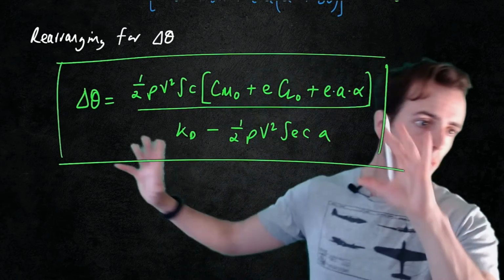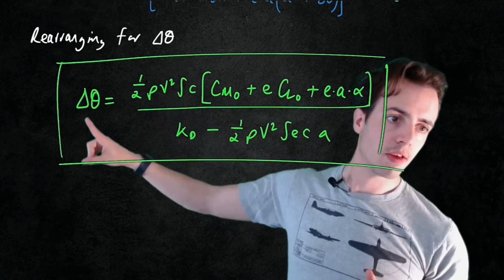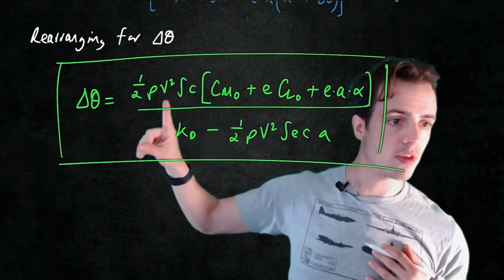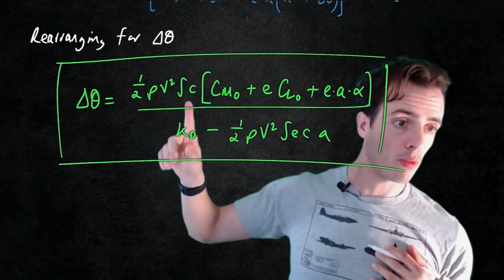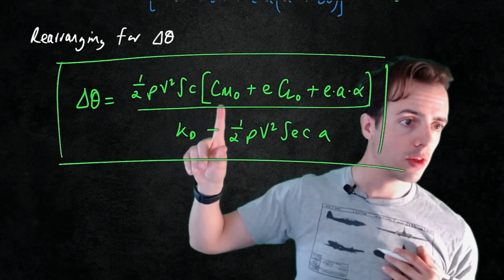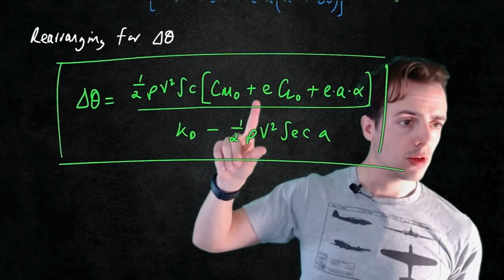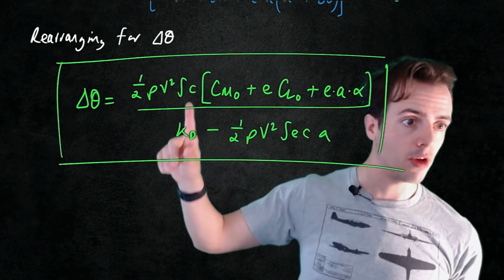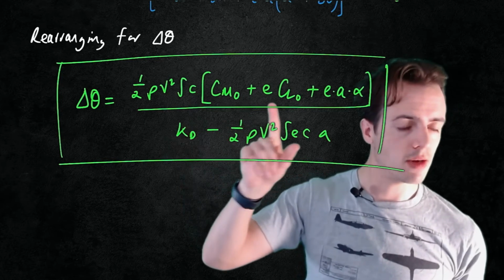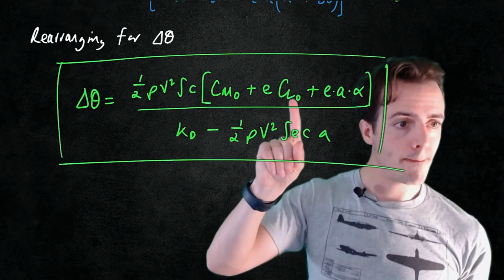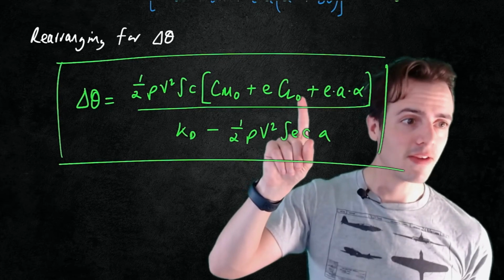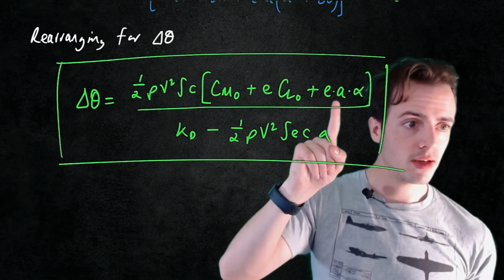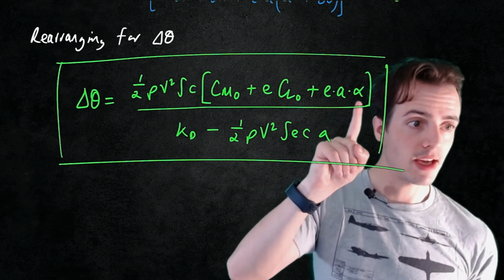Okay, so this expression that we've just ended up with gives us the change in incidence due to all of these things. We've got half rho v squared, so we've got forward speed in here. We've got the wing area, we've got the chord, zero lift pitching moment coefficients, the non-dimensional elastic margin gets multiplied by this c here to give us a real moment arm, zero incidence lift coefficients, again non-dimensional elastic margin, lift curve slope, and then the actual angle of attack.